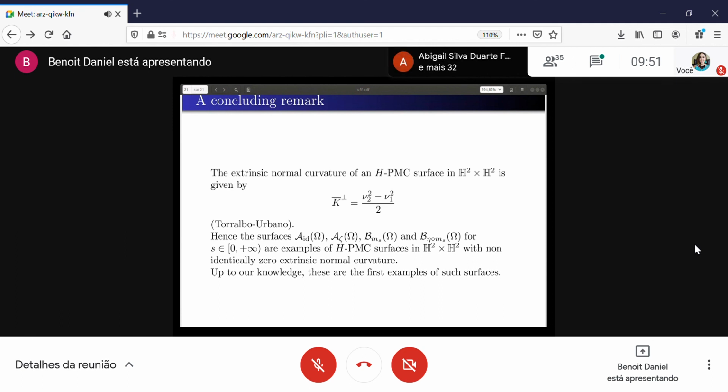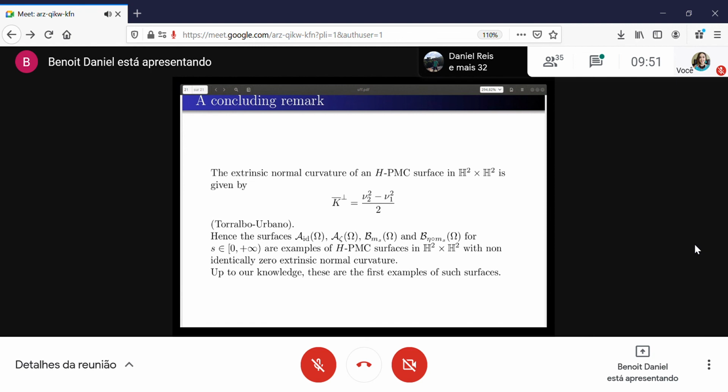If you assume different curvatures, it's not really obvious how you can generalize the Toralbo-Urbano argument, because the equations lose a lot of symmetries, and you don't really know what to do. So it's really an open problem.